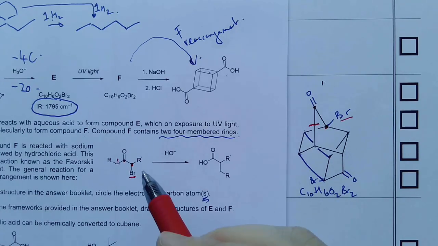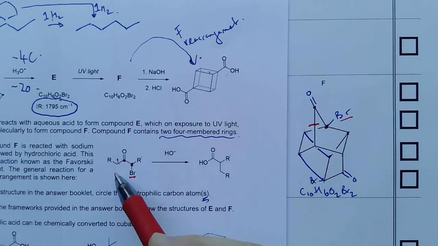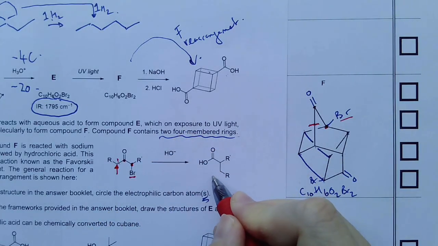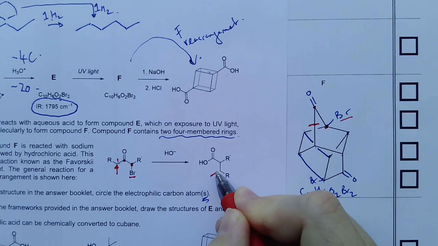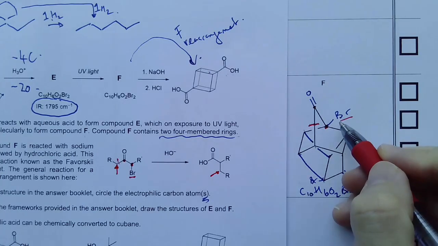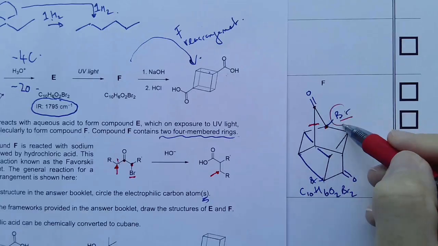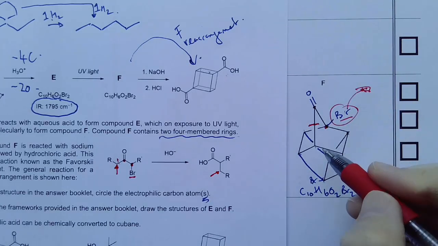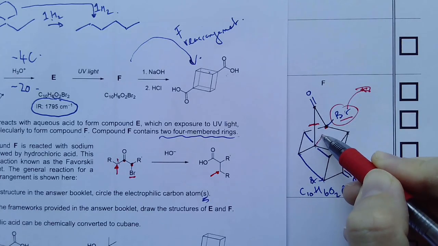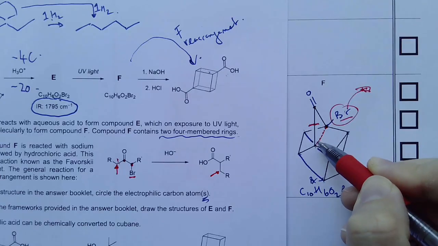And this is the bit where you've got to be really careful: this carbon here is going to take the place of the bromine. So the bromine comes off, and then this carbon bonds to the carbon that was bonded to the bromine.